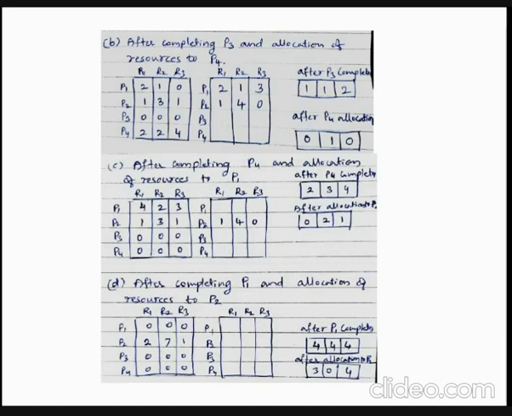I hope you are understanding this manipulation, students. What we have done is the available resources were 4, 4, 4. From this, we subtract the resources which we allocate to P2. That is 4, 4, 4 minus 1, 4, 0. We get the result as 3, 0, 4.